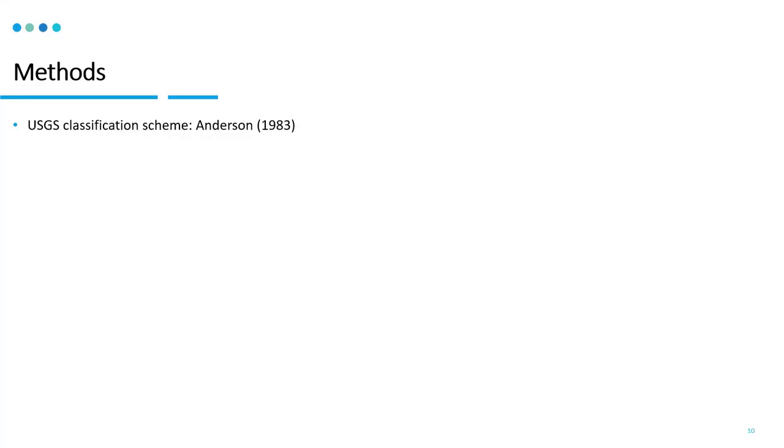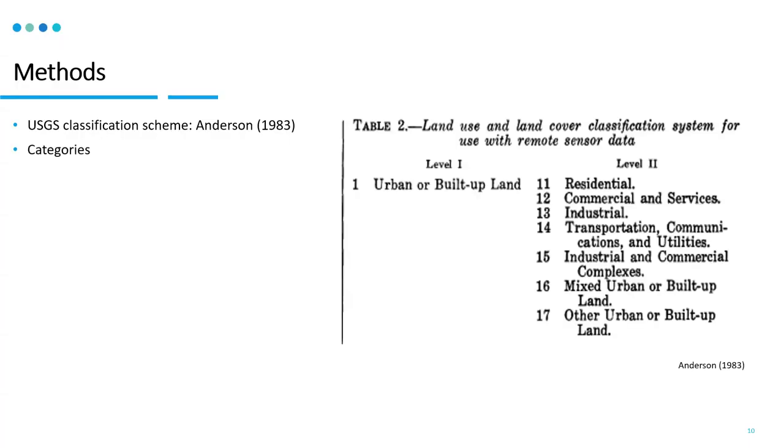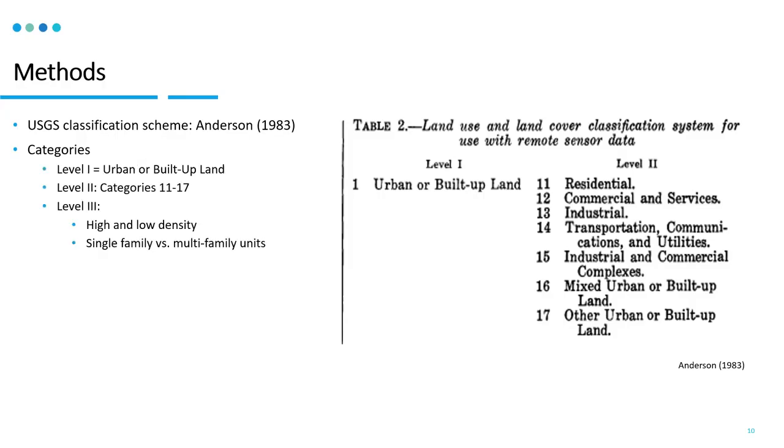To quantify development, I selected the USGS Anderson classification scheme from 1983. Although it's aged, it has many strengths in that it's based in classifying structures using only aerial imagery. The Anderson scheme has 9 major categories, the first of which is urban or built up land. This category was the only classification that includes intensively used areas that are largely covered by structures.